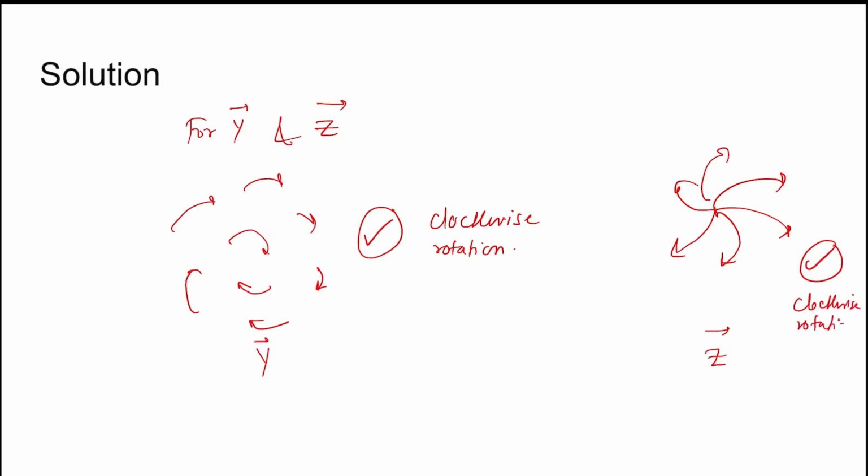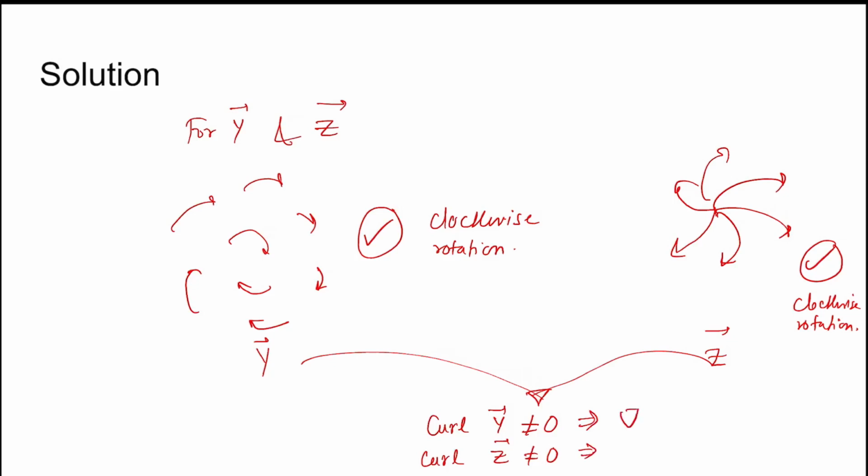Since these vector fields are having rotation, we can tell that curl of y is not equal to 0 and curl of z is not equal to 0.